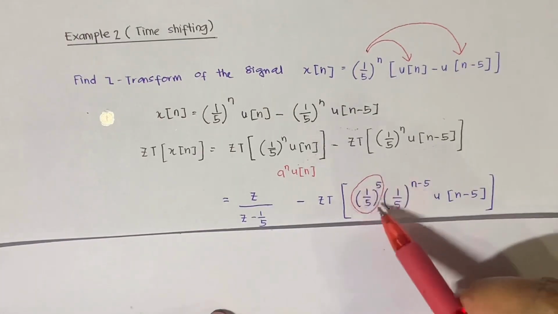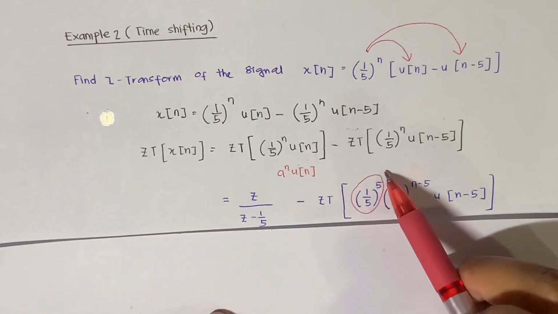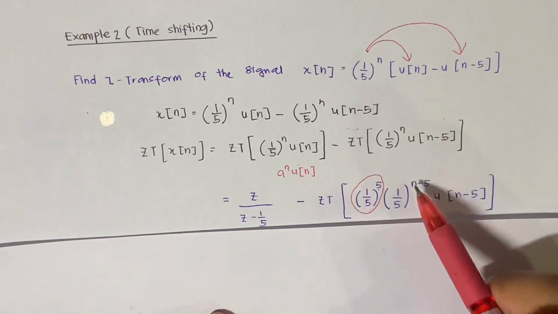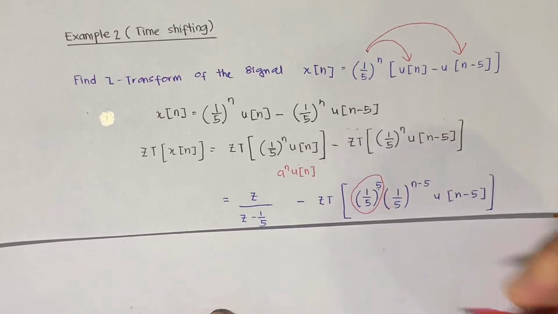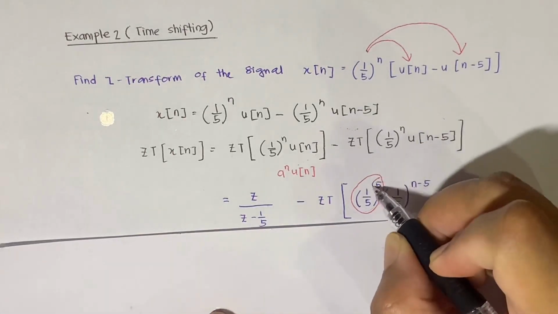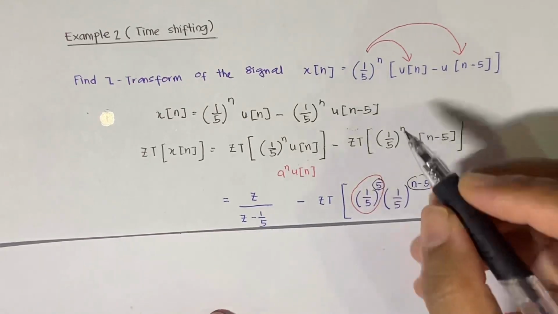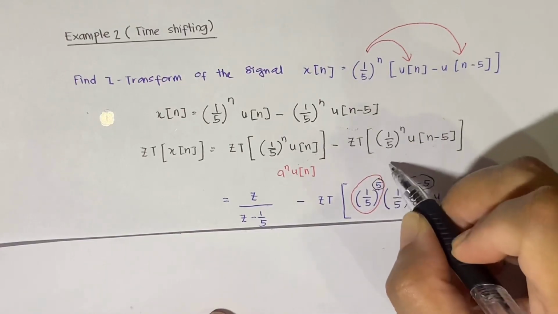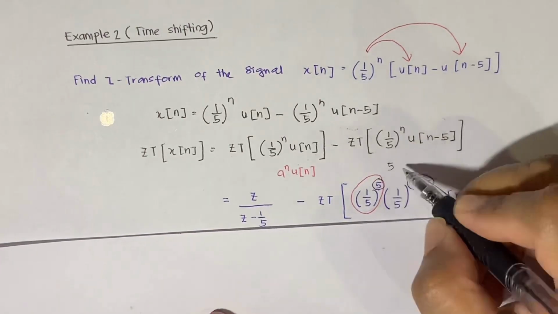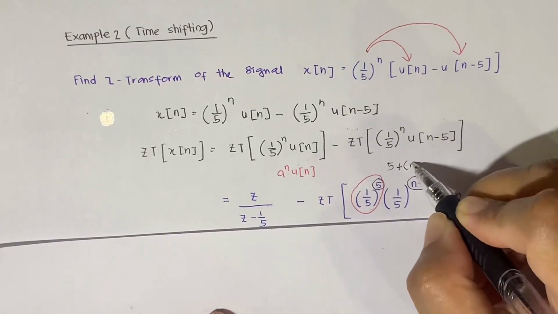So the number here, 5, should be 5 plus n minus 5.